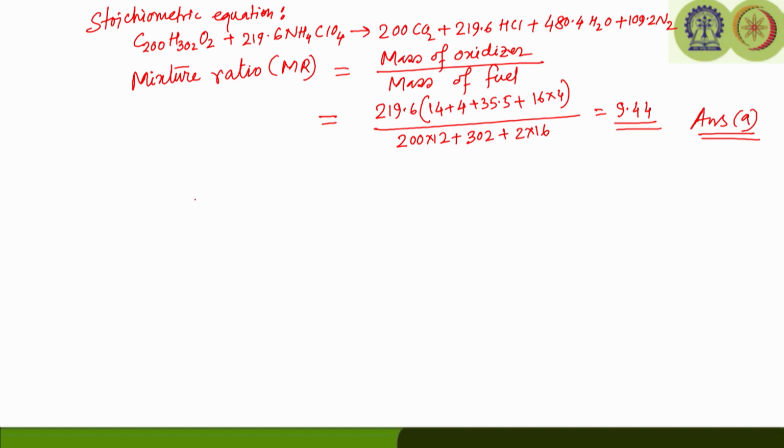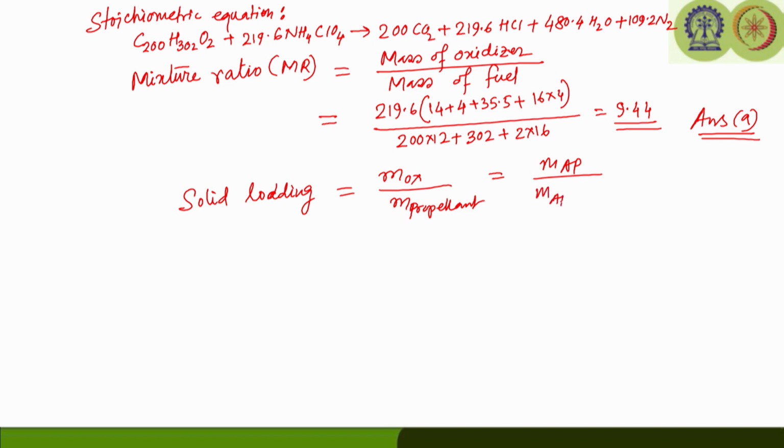So, in our case, the solid loading will simply be the mass of oxidizer divided by the mass of propellant, as per our definition. So, here mass of oxidizer means mass of AP plus mass of HTPB.